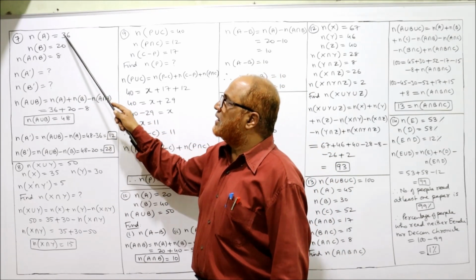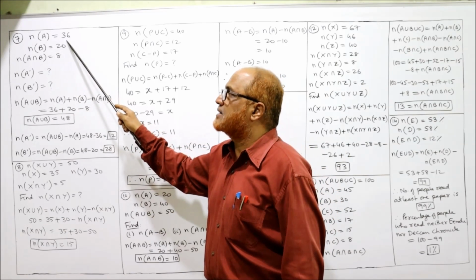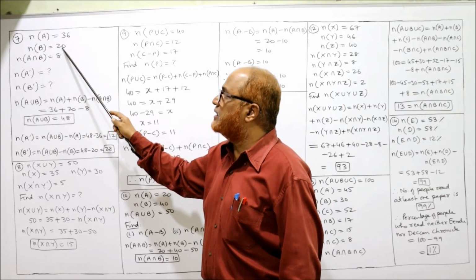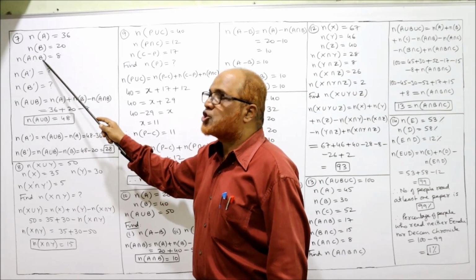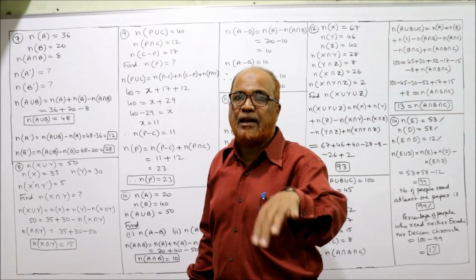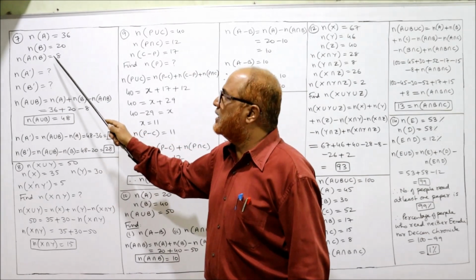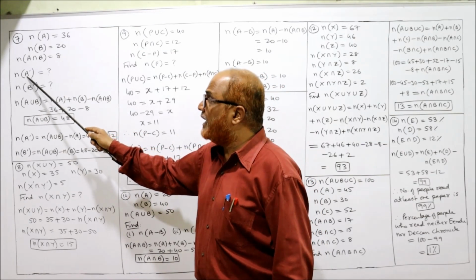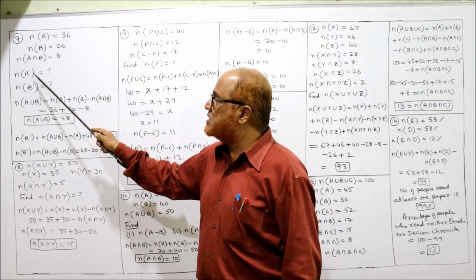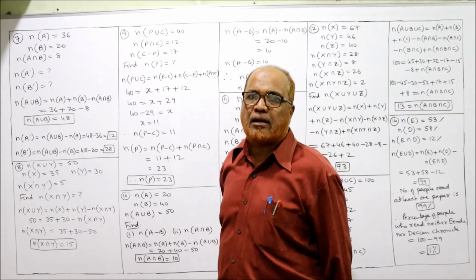So n(A) 36 means number of elements in set A, 36. n(B), number of elements in set B, 20. n(A intersection B). A intersection B means common elements between A and B. The common elements between A and B is the intersection, that is 8. n(A complement), that means number of elements in A complement, is equal to how much? Number of elements in B complement, how much? That's what we have to calculate.